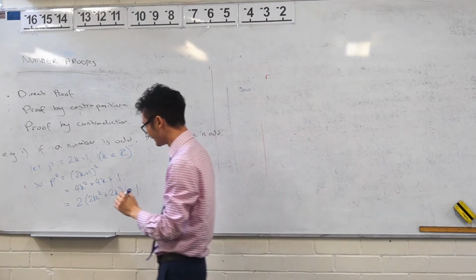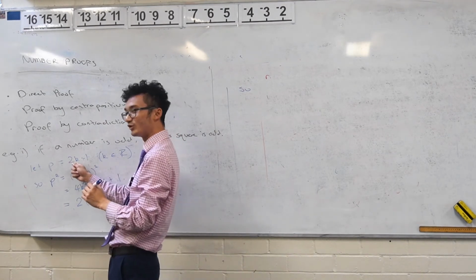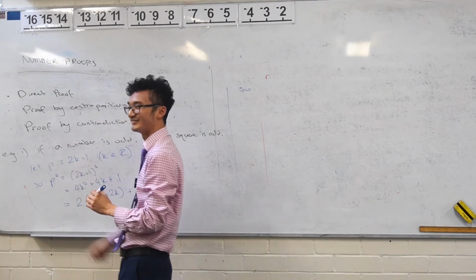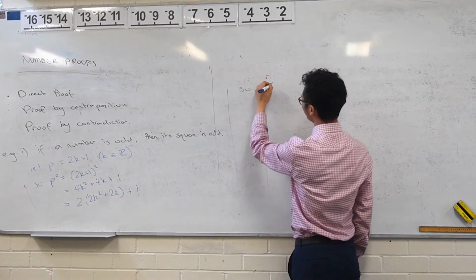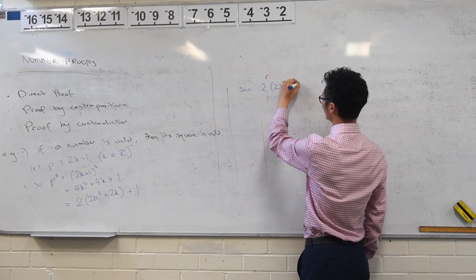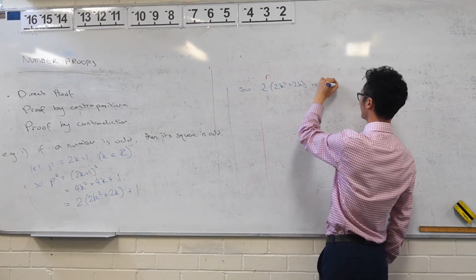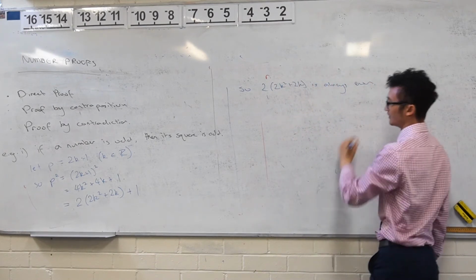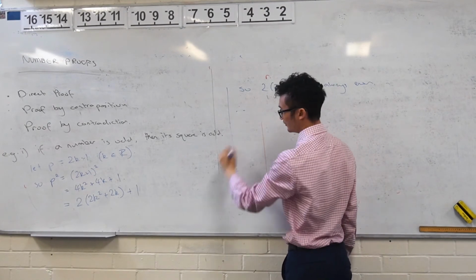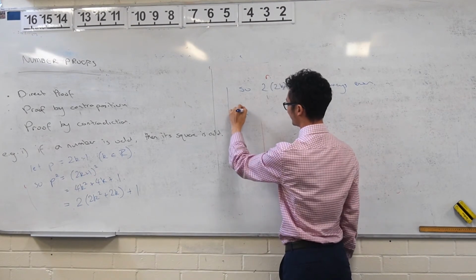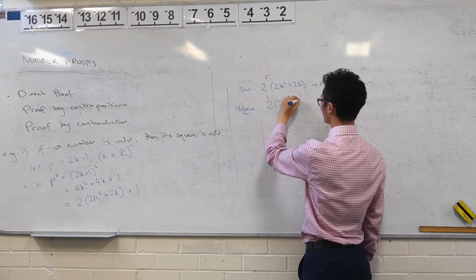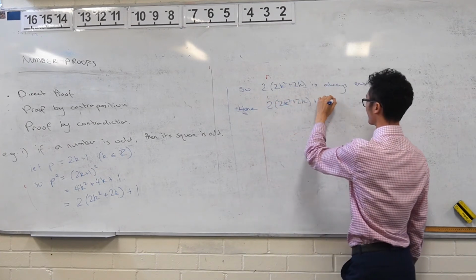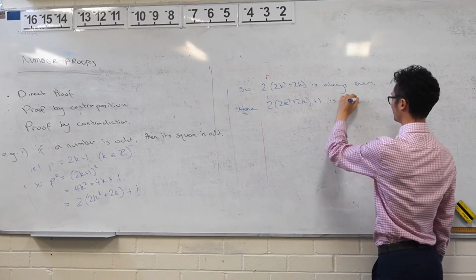Are you convinced? I'm convinced. So 2 outside of 2k squared plus 2k is always even. Therefore, hence, 2 outside of 2k squared plus 2k, plus 1, is always odd.